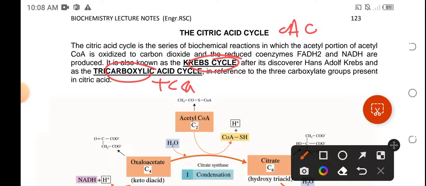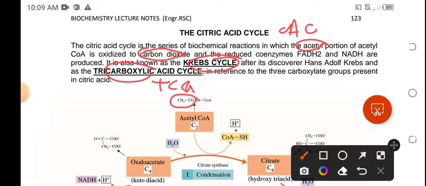Okay. So the citric acid cycle is a series of biochemical reactions in which the acetyl portion of the acetyl-CoA, so ito yung acetyl portion niya, the two carbon atoms na naka-attach kay acetyl-CoA, is oxidized to carbon dioxide.